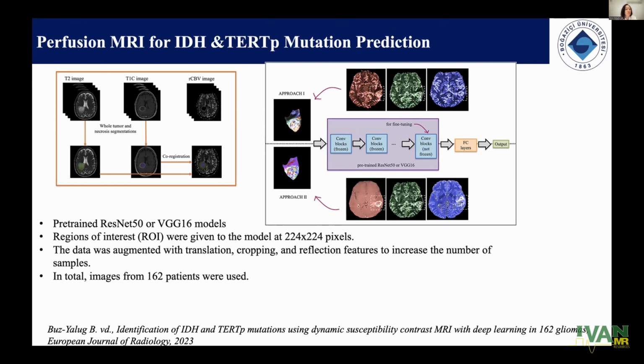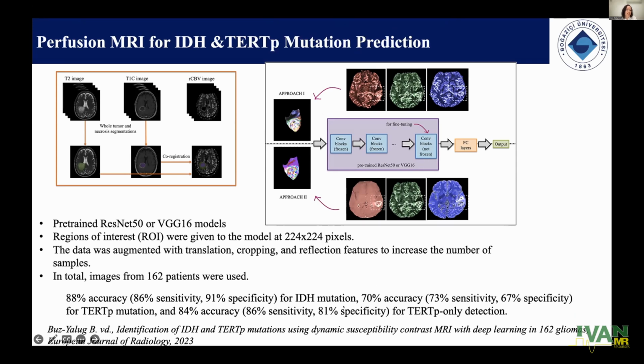And we fed it into a pre-trained network using transfer learning. As a result of our training, we were able to identify IDH mutation with 88% accuracy. 70% accuracy was achieved for TERT mutation, and 84% accuracy was achieved for TERT-only detection.